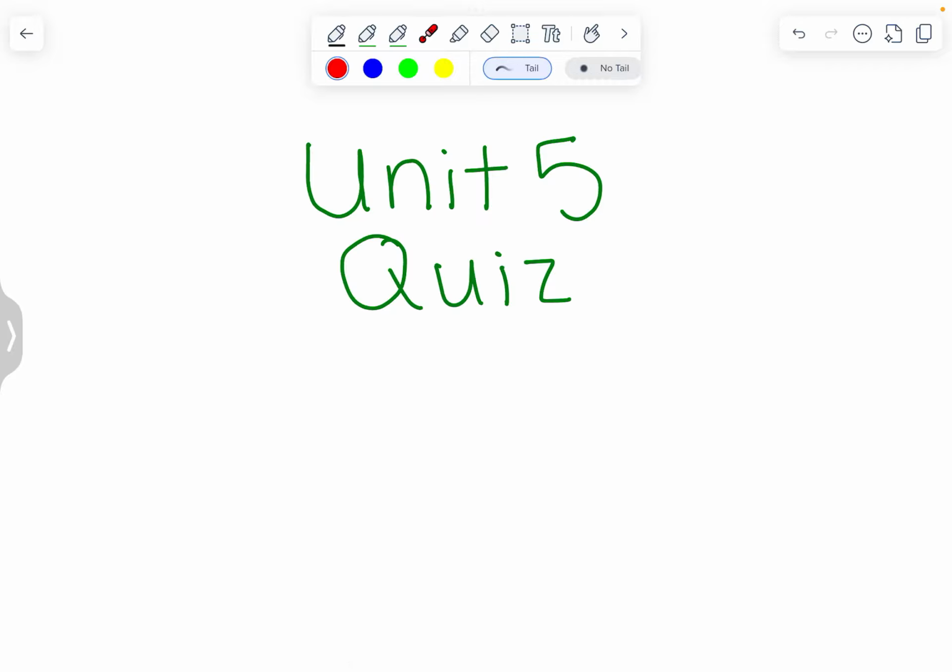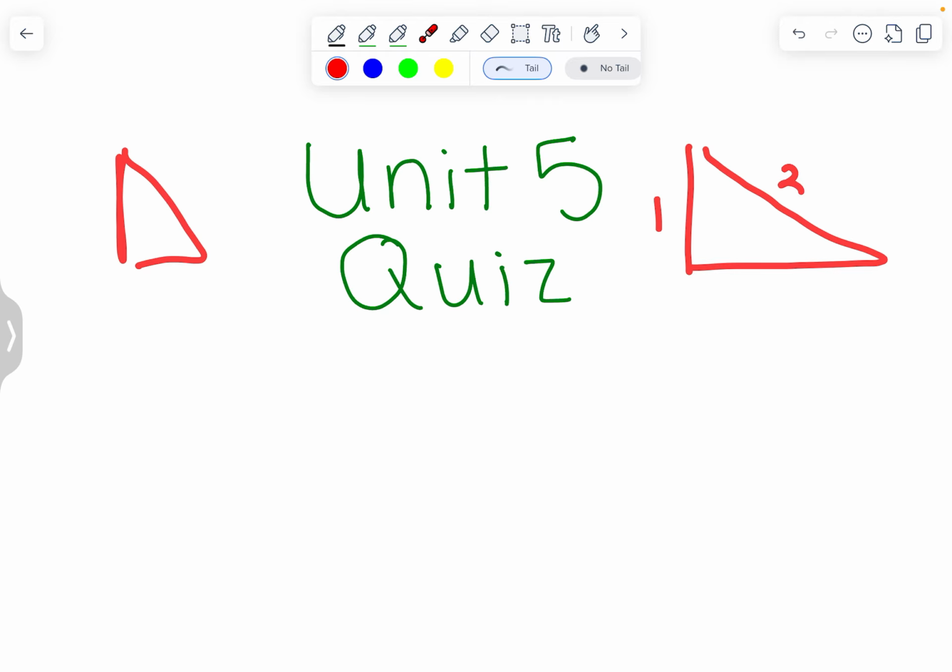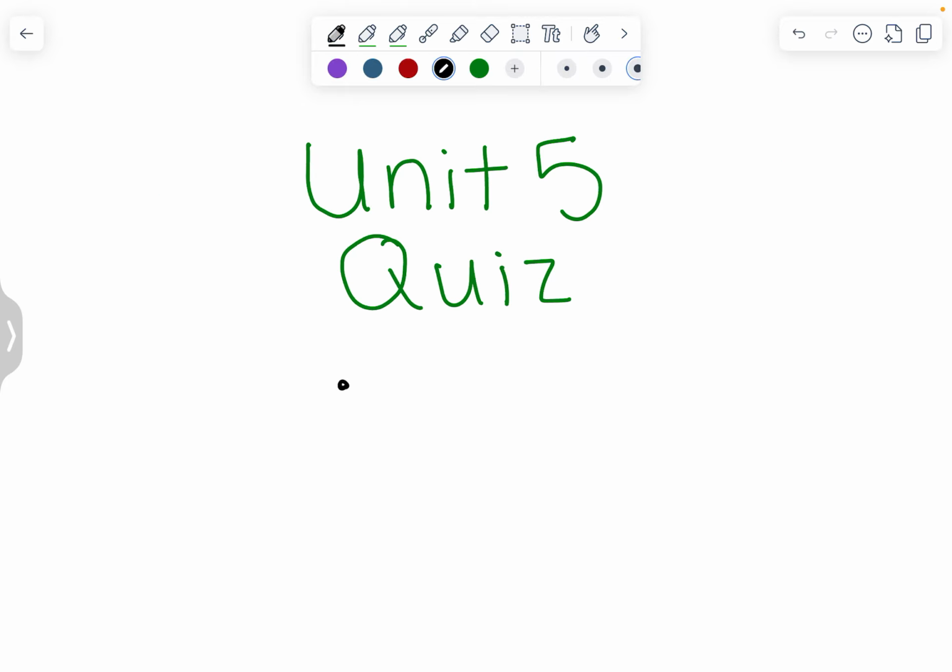The bad news is there are 2 special right triangles on the quiz. They are not very hard, but there are 2 on the quiz. One 45, 45, 90, one 30, 60, 90. And so it is open note, but it is not open neighbor.